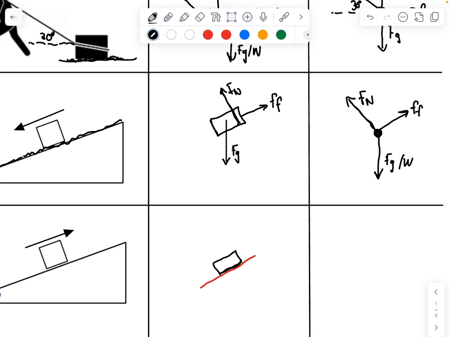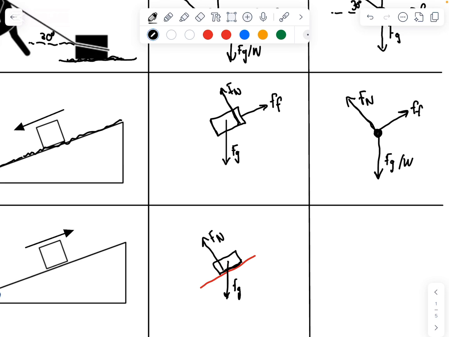What are the forces that are acting on this block as it is going up the slope? So we have weight, which is acting downwards. So we have Fg, which is your weight. We have normal force, which is acting perpendicular to the surface.